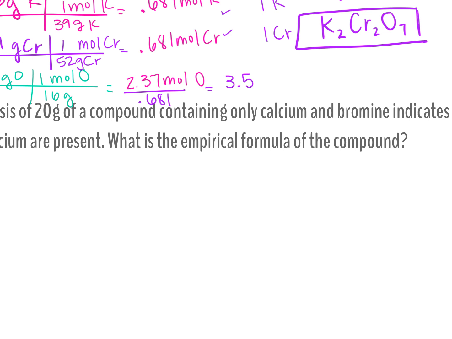It says 4 grams of which one? Calcium, Ca. And so how many grams of bromine must I have? How many grams of bromine should I have then? It says the total sample is 20 grams, and it has only calcium and bromine. It should be 16.